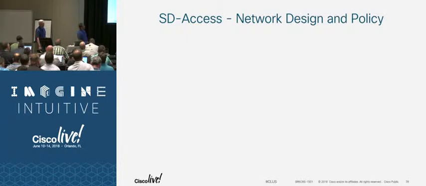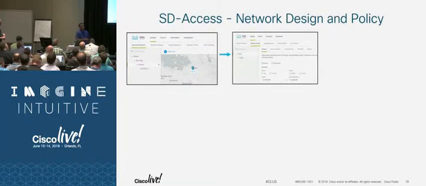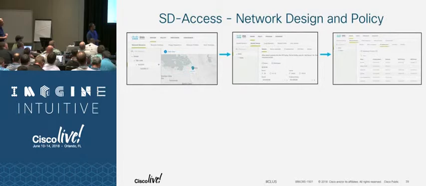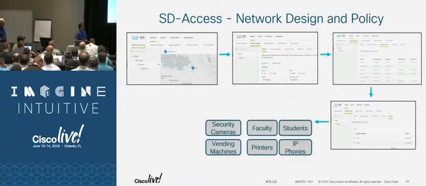Sorry about that. So at a very high level, what we did so far is we created a network hierarchy. We created our sites, our floors, and added our floor plan. Then we added the shared services that we'll be using throughout different sites in the network. Then we created an IP pool that we will be using throughout our fabric overlay network. Then we created our SSIDs that we'll be using throughout the site.